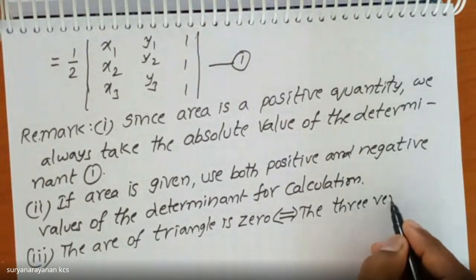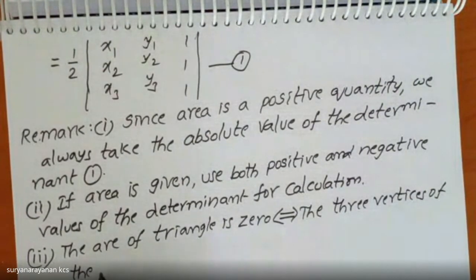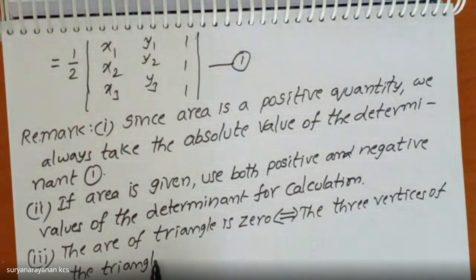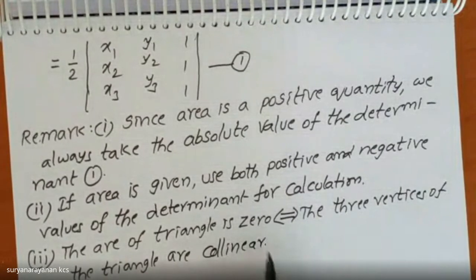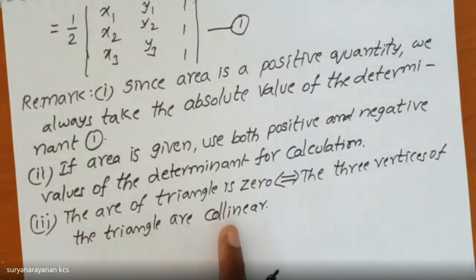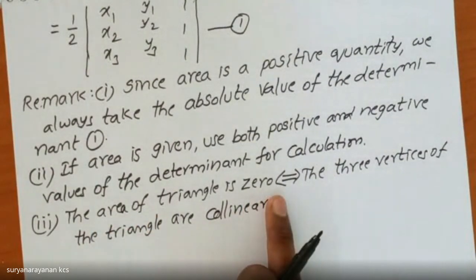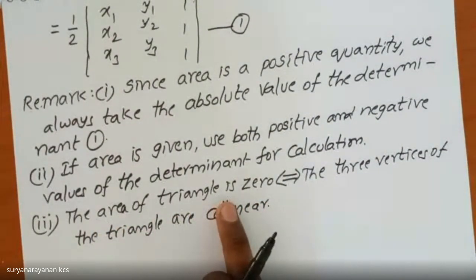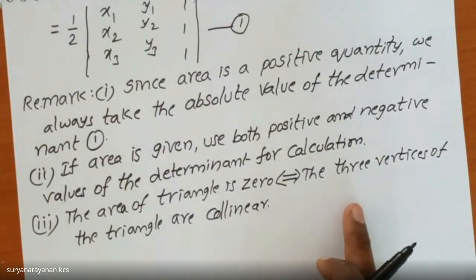If the 3 vertices of a triangle are collinear, then the area of the triangle is equal to 0. If they give the area of the triangle as 0, then we have to take that the 3 points are collinear.